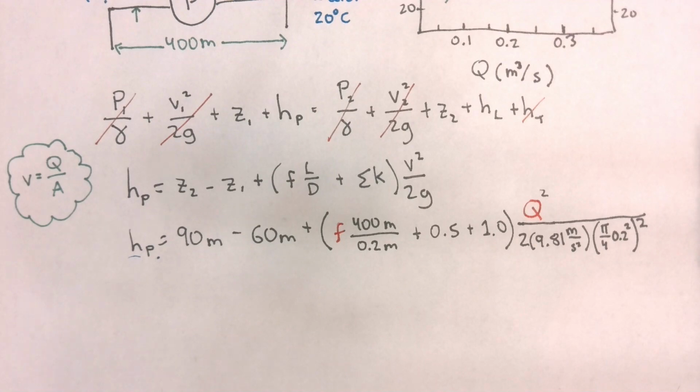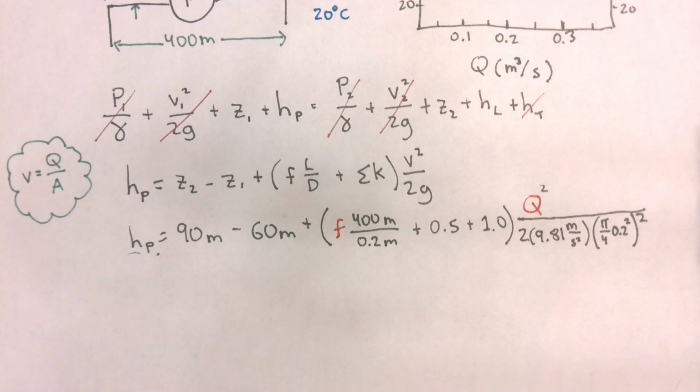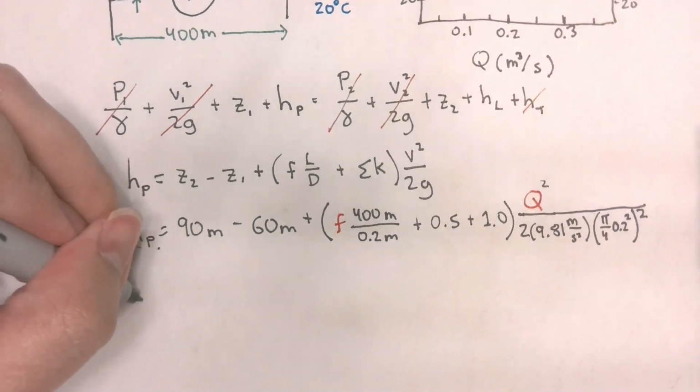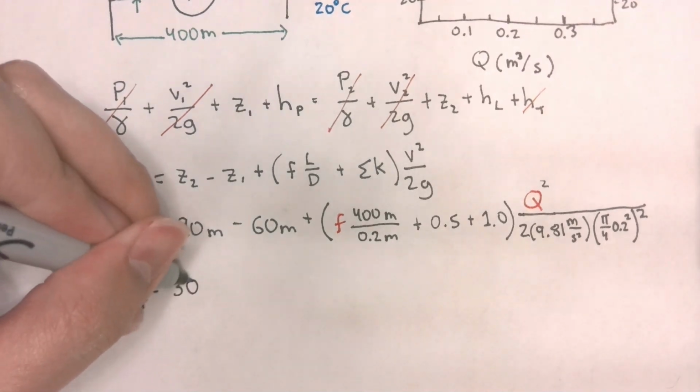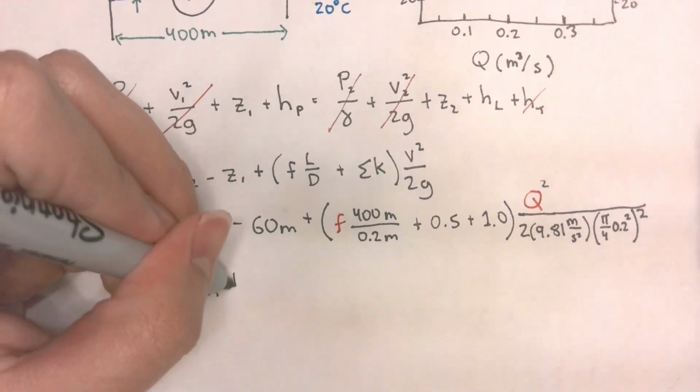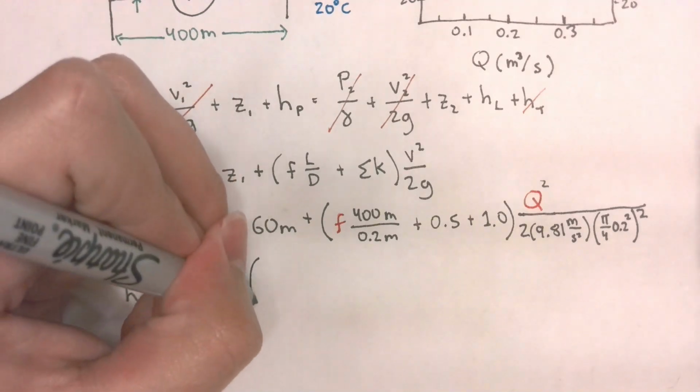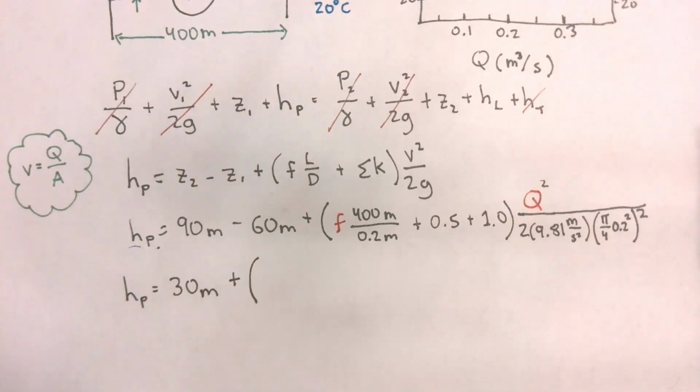Let's go ahead and simplify this a little bit. Let's see, I have 90 minus 60, so I'll get that my pump bit is equal to 30 meters, plus my friction factor. How much is 400 divided by 0.2?